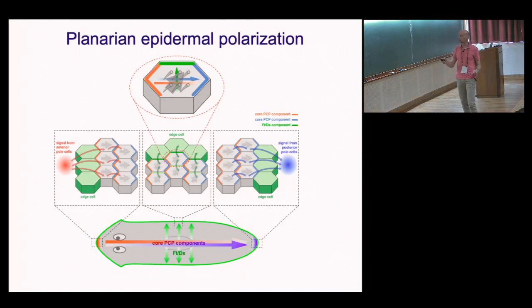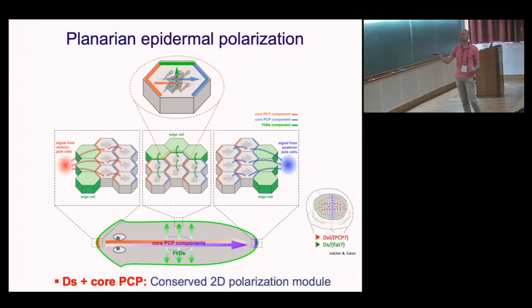What I forgot to mention is that this scenario or this topology and also the likely mechanisms of PCP orientation in planarians is very reminiscent of the Drosophila wing disc, where, as I already said in the beginning, there's also a predominant influence of Fat axis that comes from the margins and basically orients the developing wing cells in a radial direction.